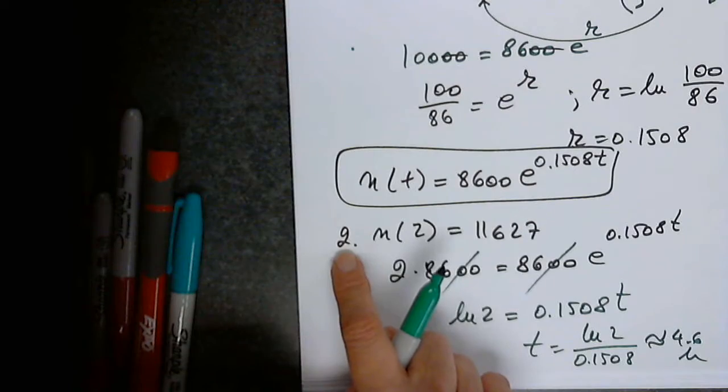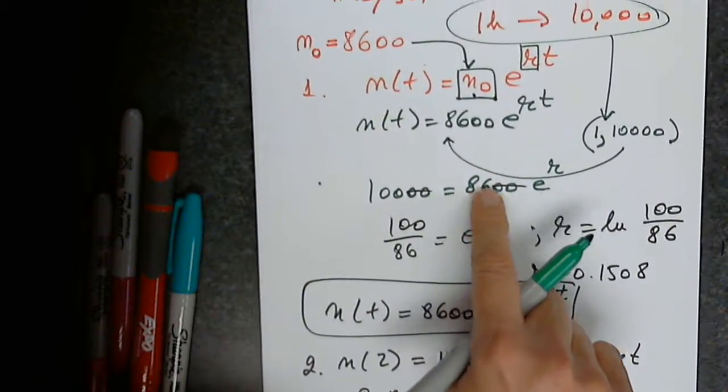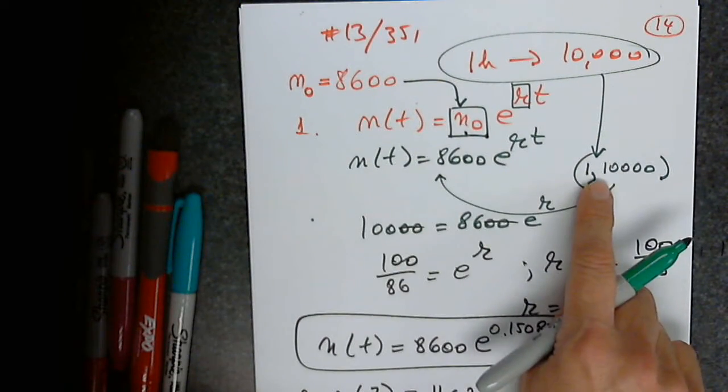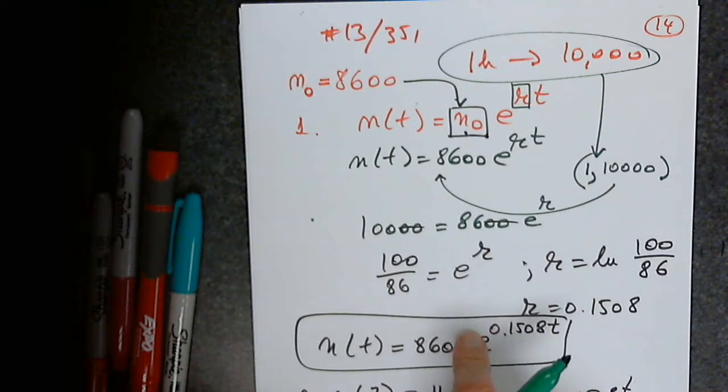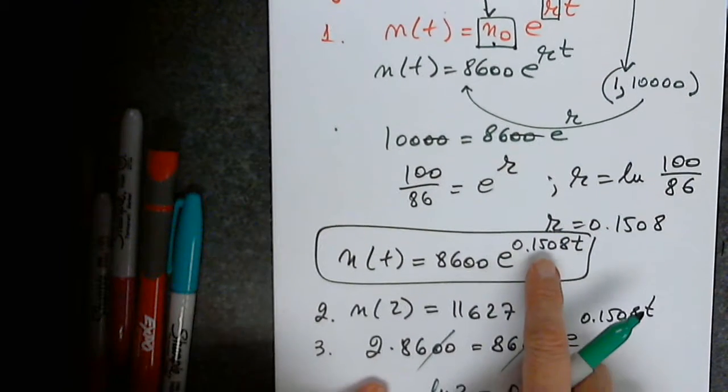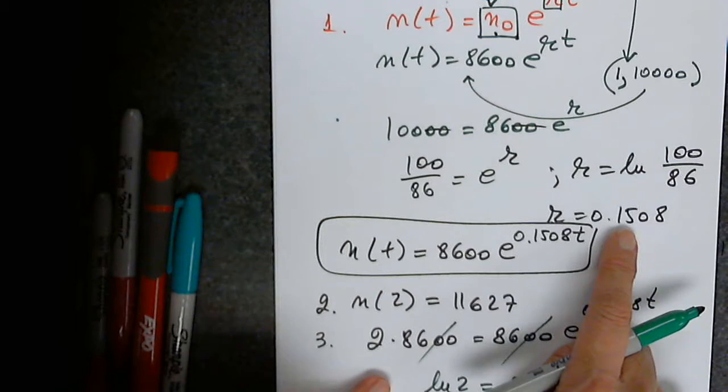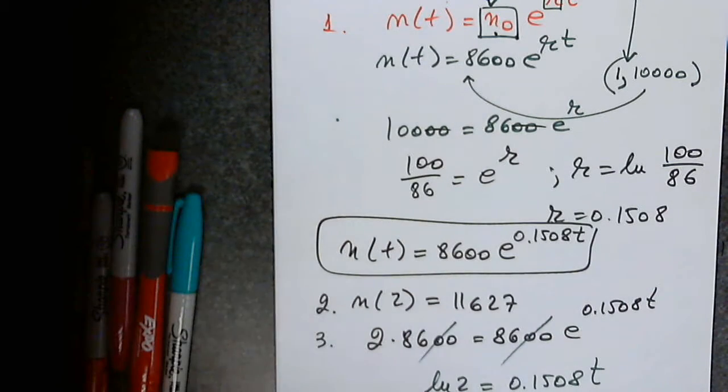So after 0.1508 of an hour, there was 8,600 bacteria growth. No, this one says that the growth rate is 15%. Oh, yes. Okay.